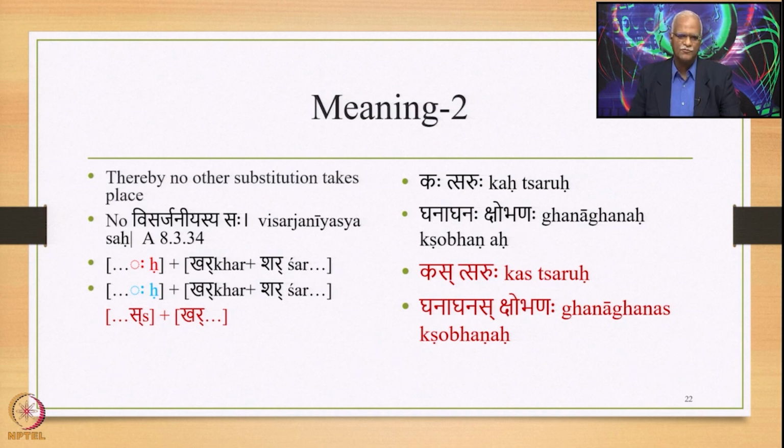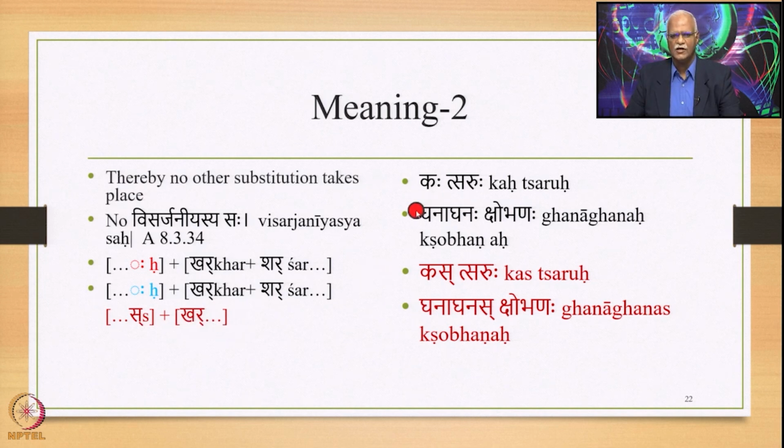For example, if we have Visarga plus khar plus shar, in this environment, this Visarga, which ought to have been substituted by a sa, because khar is following, this sutra applies and says that if the khar is followed by shar, then this Visarjaniya is not to be substituted by anything else but by itself. So Visarjaniya is substituted by its own form. So we have Visarjaniya plus khar plus shar. This is the output generated, and sa plus khar plus shar is not the output that is generated.